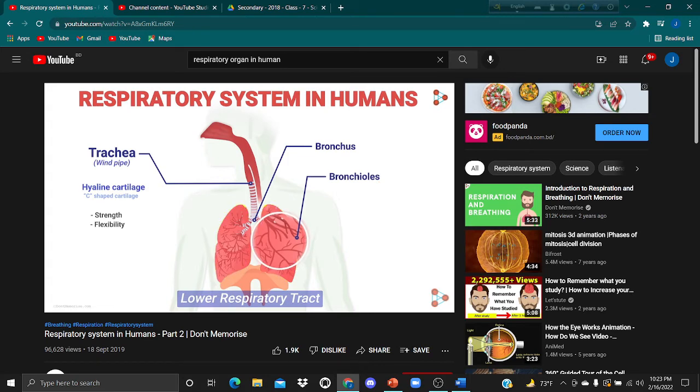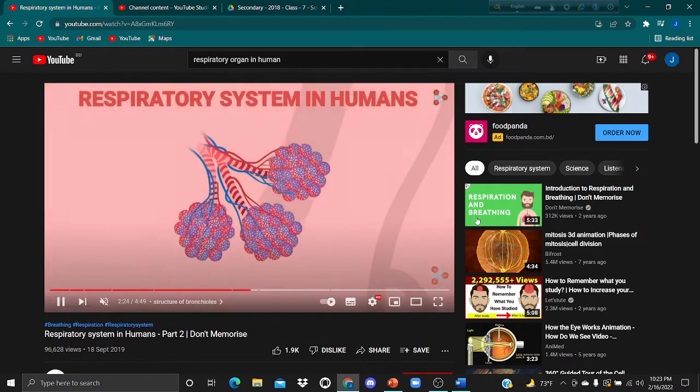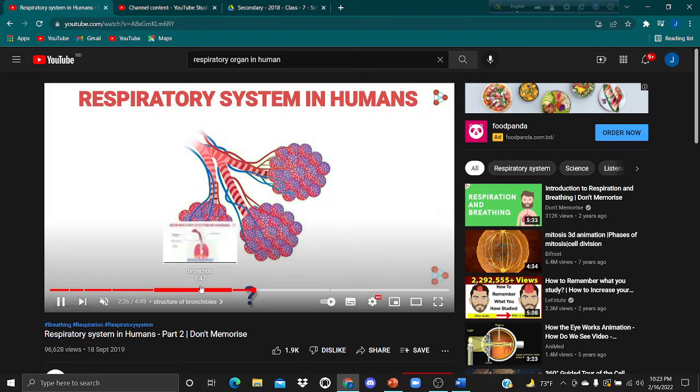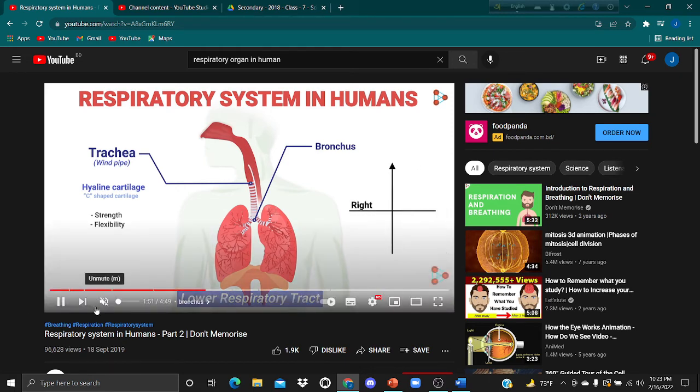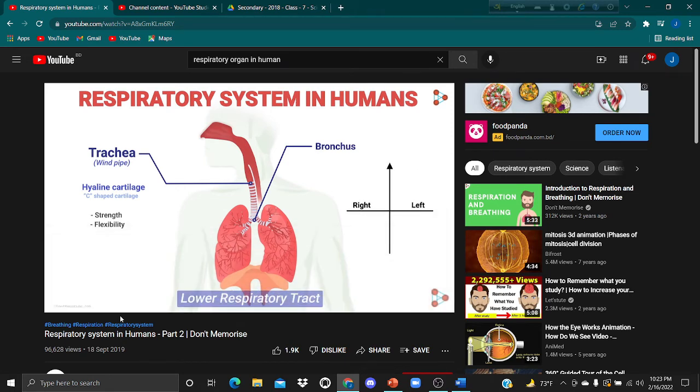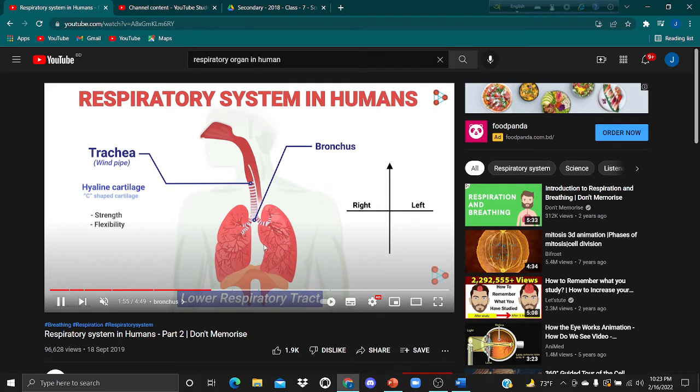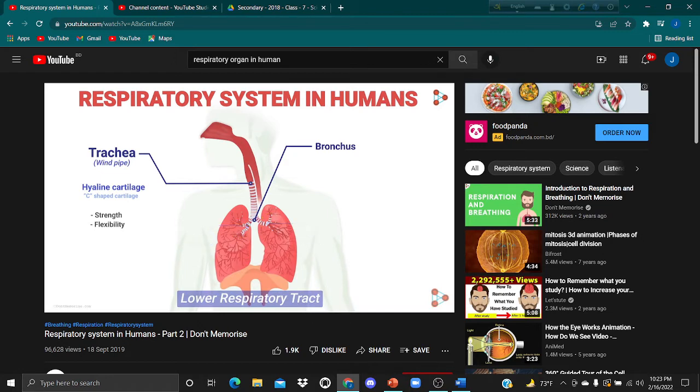Okay, now lungs. There are two lungs on the two sides of the heart inside the chest cavity. It is soft like a sponge. The right lung is a bit larger than the left one.